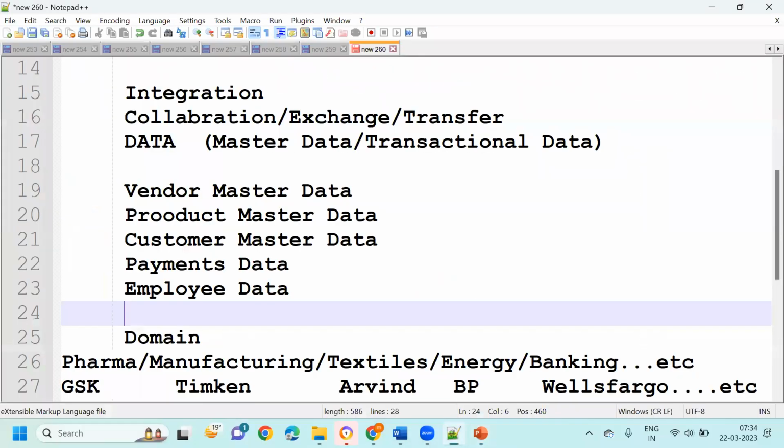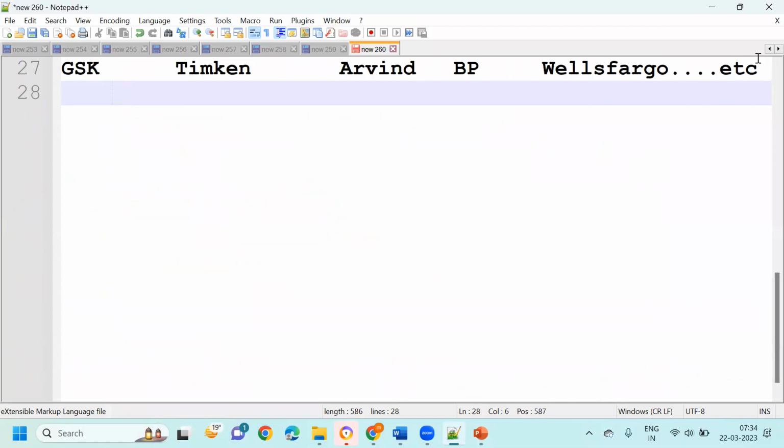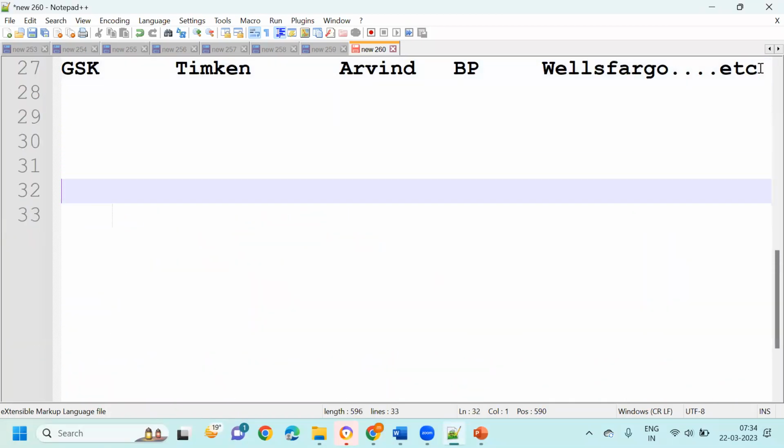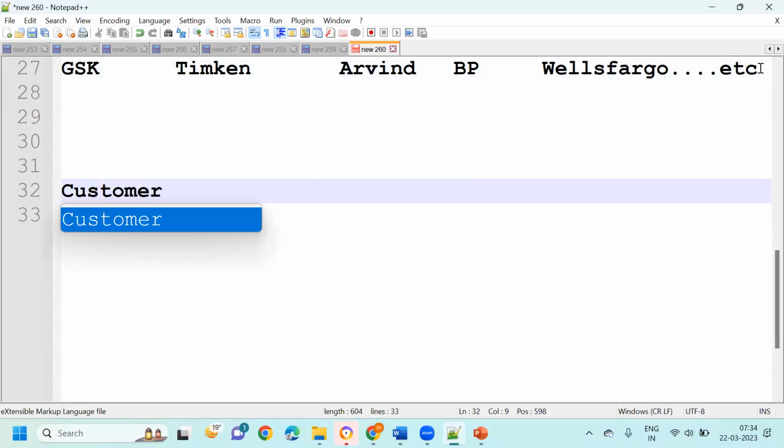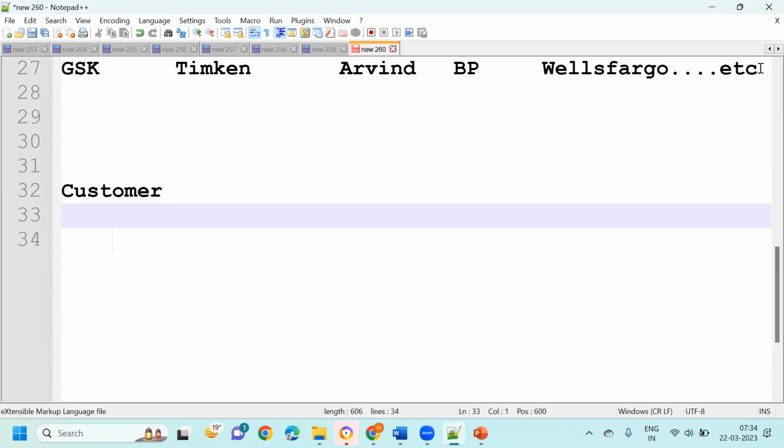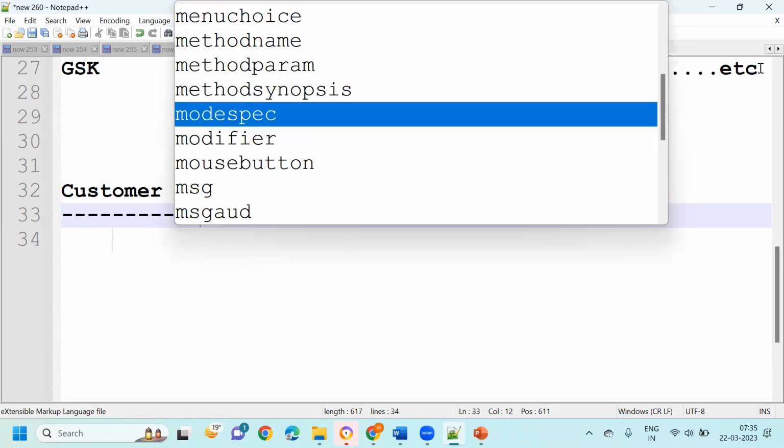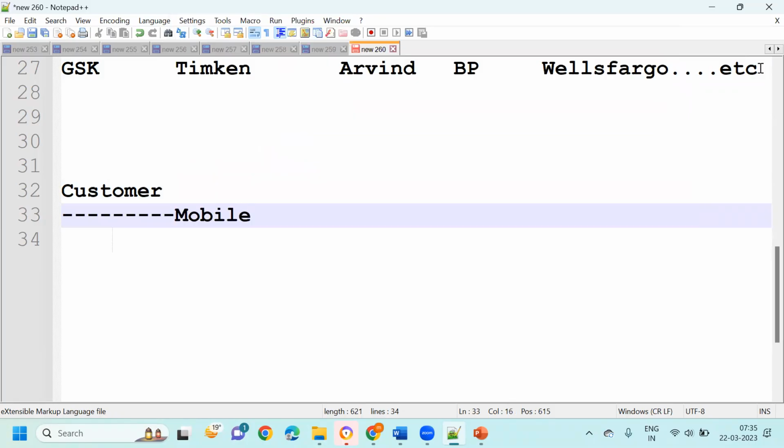Let's see, for example, you are the customer. I'm giving a small example, guys, to understand better. You would like to buy a mobile. To buy a mobile, what is your business requirement that you need to capture?